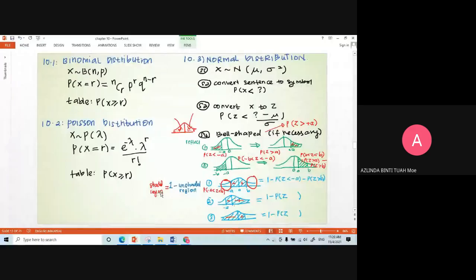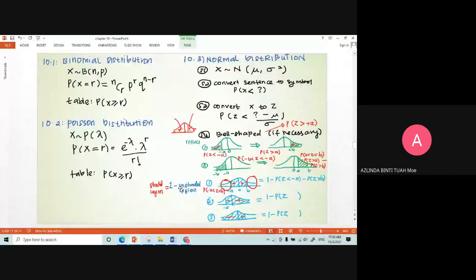Sebab area yang Z greater than A lebih besar dari sekiranya kawasan yang berlorek itu berada di kawasan positif Z axis. As you can see these three diagrams, pada kes yang pertama ada bahagian positif Z axis yang terlorek dan negatif Z axis yang terlorek.